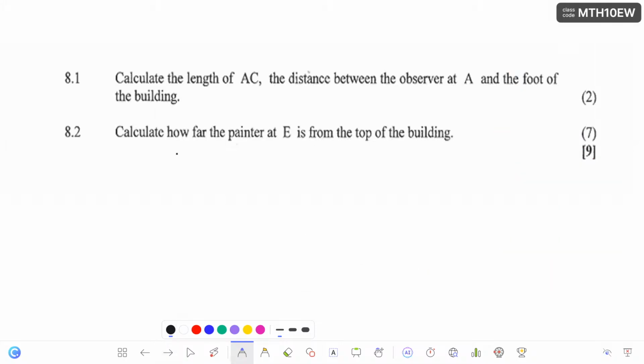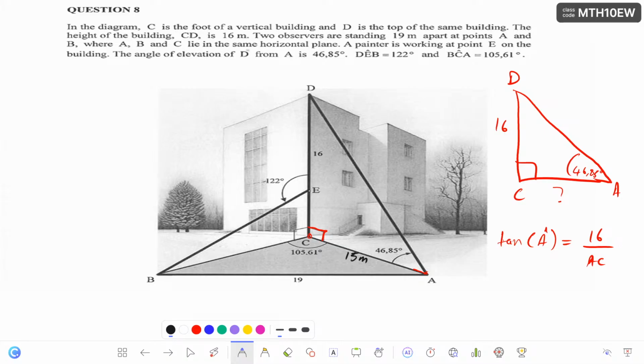The next question, 7 marks. They said calculate how far the painter at E is from the top of the building. So the painter is here at E. They want us to calculate this length.